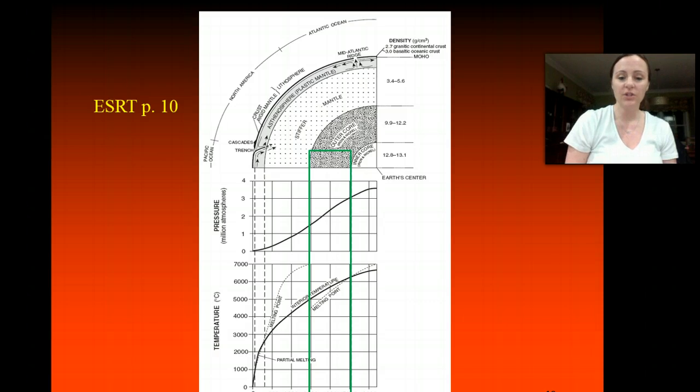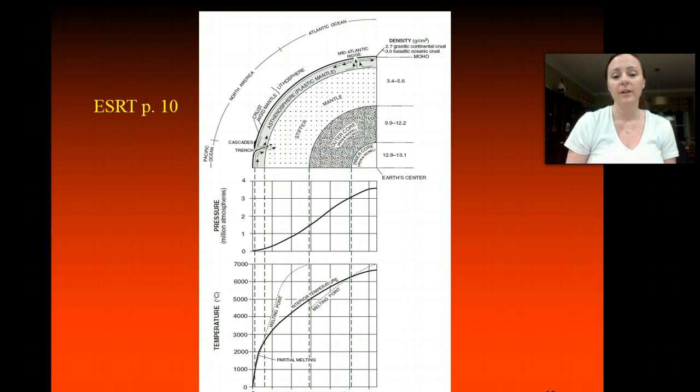You may notice that this darker line, the temperature, crosses over the melting point. That means the actual temperature of the outer core is hotter than the melting point. So that tells us that this outer core is a liquid. It is melting. The material is melted at this point. So that's important to note in your reference table. You can write next to outer core, liquid.